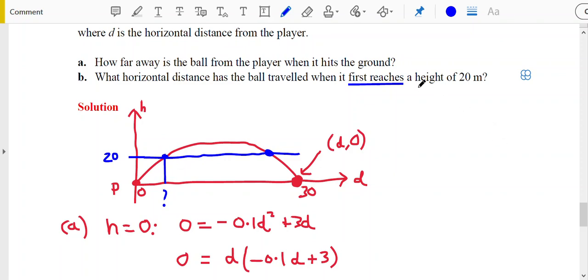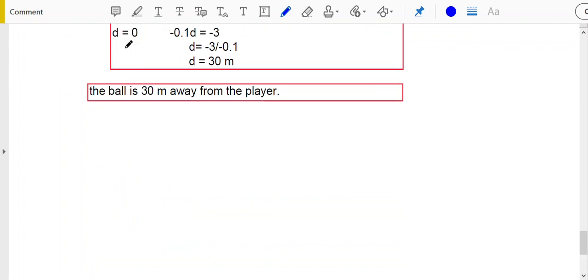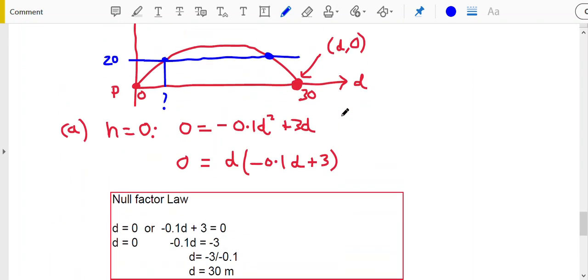All right, so what I'm told is I know h equals 20. So I substitute that number into my equation, into the formula that I'm given. So for part B, I'm told that h should be 20. So when I substitute that number into the equation, I'll get 20 equals negative 0.1 d squared plus 3d.